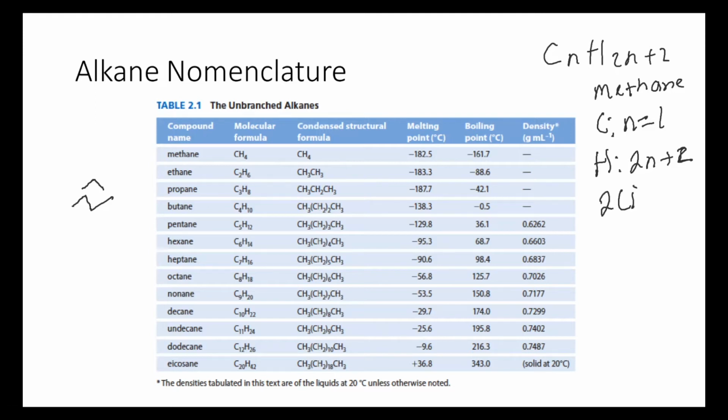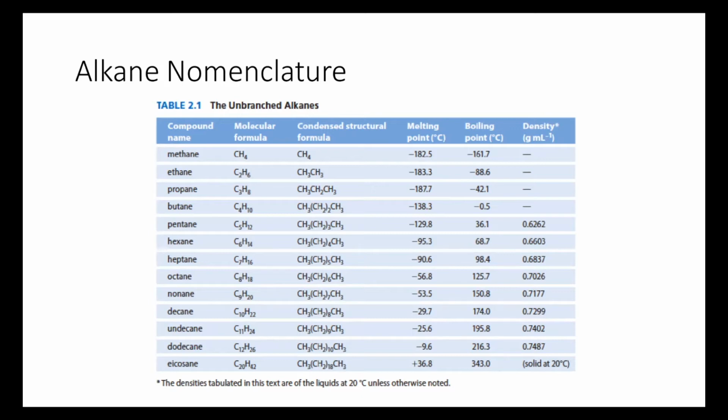So n is 1, so 2 times 1 plus 2 is 4 hydrogens. So you can just memorize that methane is 1 carbon, and then figure out the number of hydrogens using this formula. This is the foundation to naming more complex molecules, so it is important that you familiarize yourself with that.